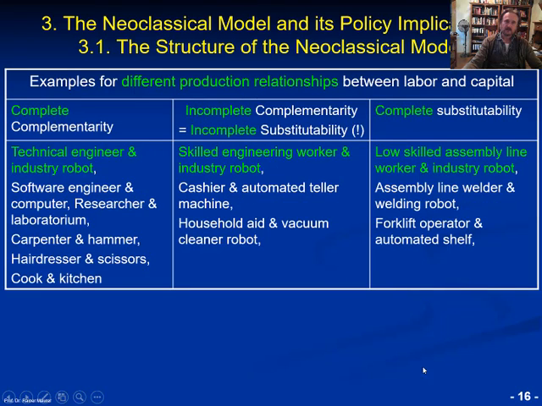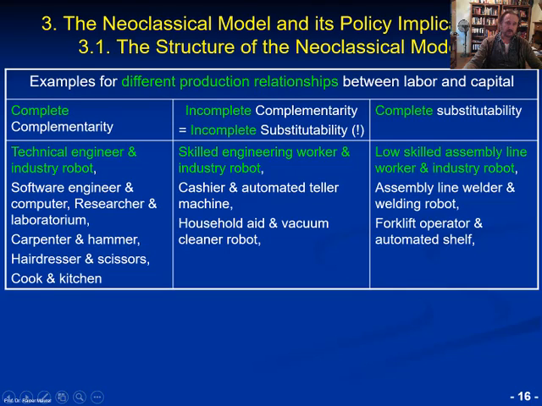This table gives a couple of examples which help to understand the meaning of different production relationships between labor and capital. One example for complete complementarity is the relationship between a technical engineer and, let's say, an industry robot.